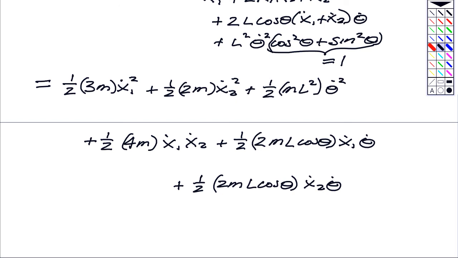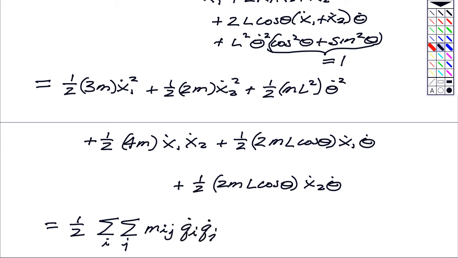Going back to our expression that this should be 1/2 the double sum over i and j of m_ij q_i dot q_j dot, with the understanding that m_ij and m_ji are the same. These coefficients are symmetrical.